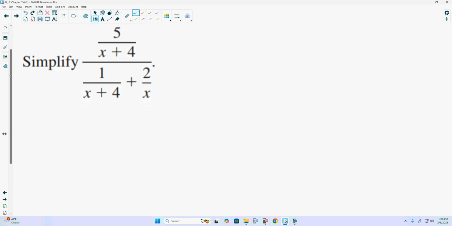Now, the first method is to get the fractions on top and bottom to be a single fraction. Now, the top of this is fine, because it is one fraction, 5 over x plus 4. But the denominator, we have 2. So we need to add those together to give us a single fraction. But for us to be able to add or subtract, we need the denominators of the bottom of this fraction to be the same.